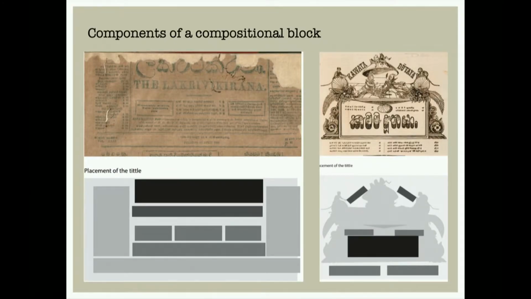Starting off with the research, we looked at the components of the compositional block, which I call everything above the date line. And of course, there were very significant key features. We had either illustrations or we had a type-driven typeface.